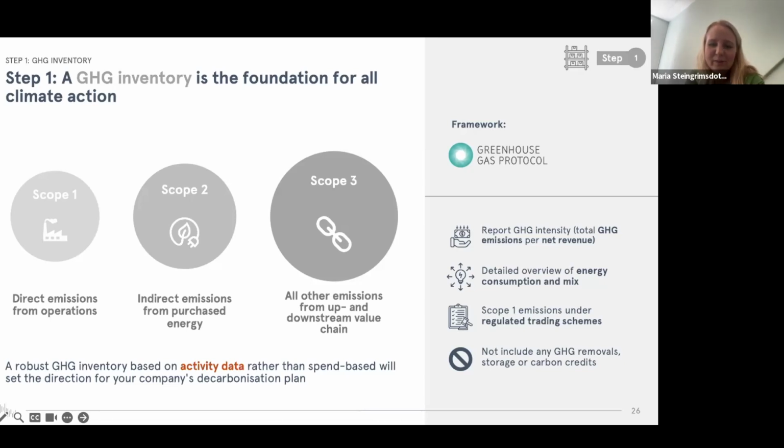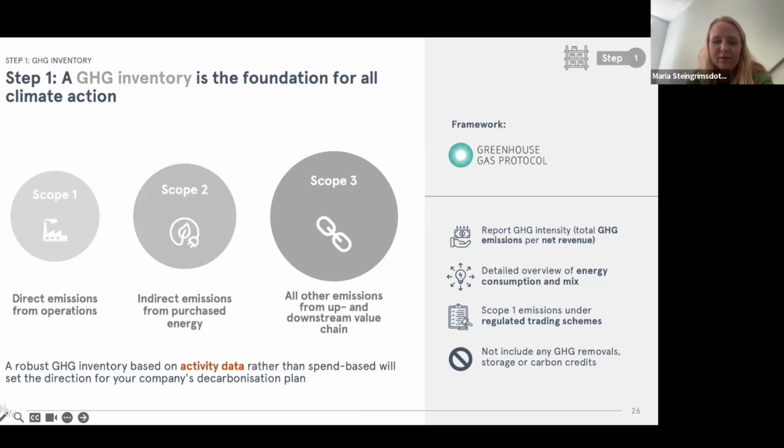And on top of reporting Scope 1, 2, and 3 emissions, companies also need to provide information on the greenhouse gas intensity, meaning the total greenhouse gases per net revenue. And this will enable investors and stakeholders to compare companies.